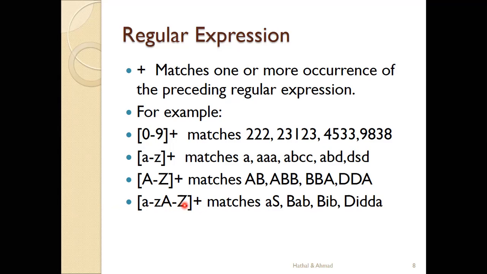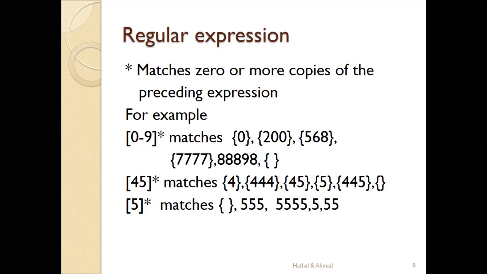We'll see next another form of the regular expression. In the same way as we discussed on the previous slide, there is an operator, the plus. The regular expression also provides one more operator, that is the star.